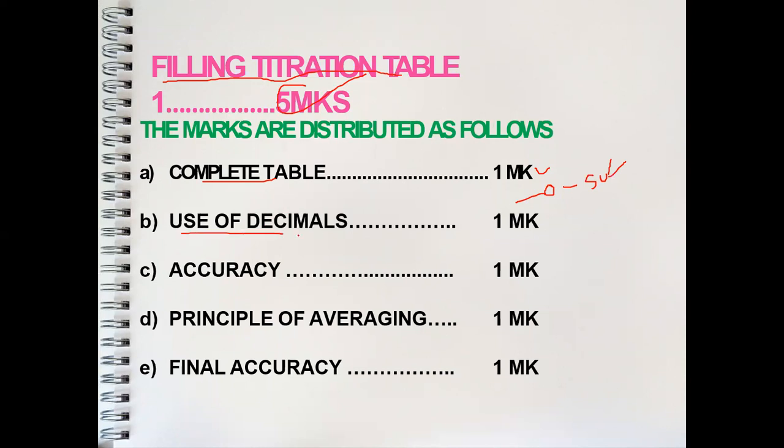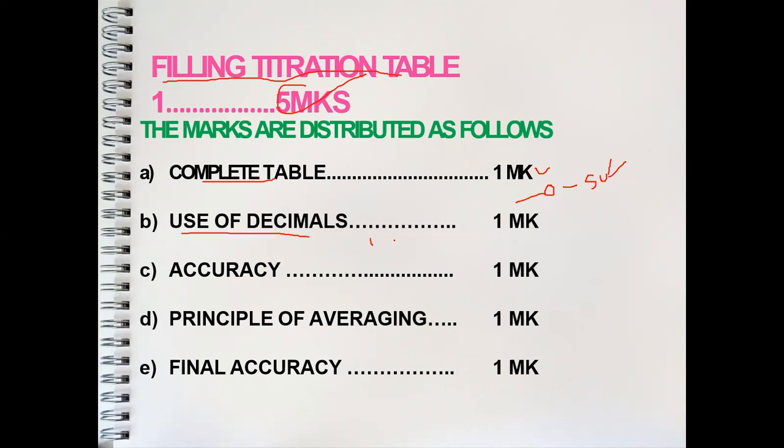Use of decimals. The use of decimals should be consistent throughout the table. So if you have decided to use one decimal place, ensure that in all the table, you use one decimal place.